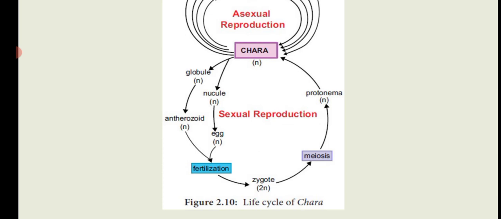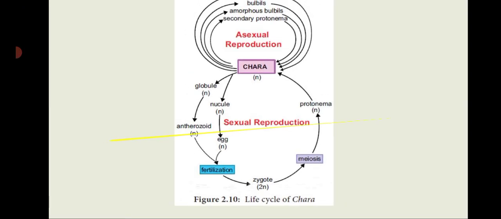It results in the formation of the protonema, and the protonema makes the plant body again. So that is how the life cycle of Chara is completed.